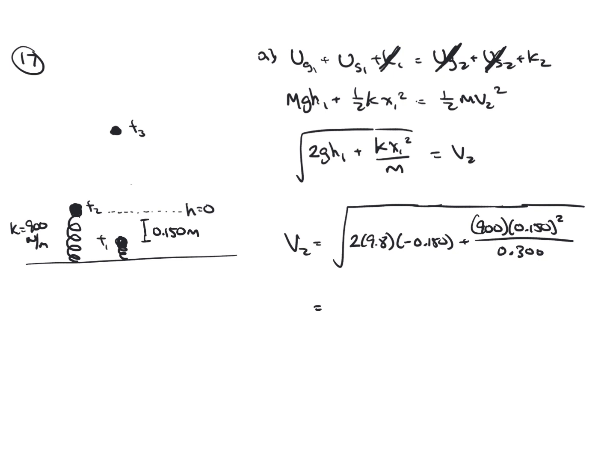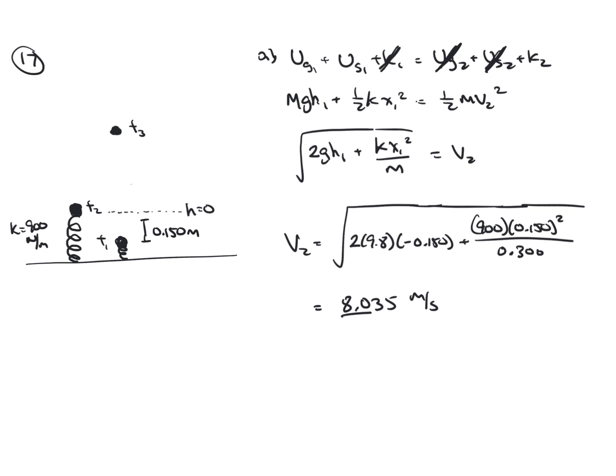Okay, try that again. Okay, so 8.035. I honestly did not think too hard about sig figs. I'm just going to guess that it's 2. All right, so that's the speed it gets launched at T2.